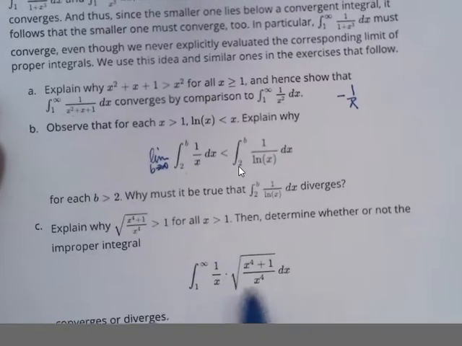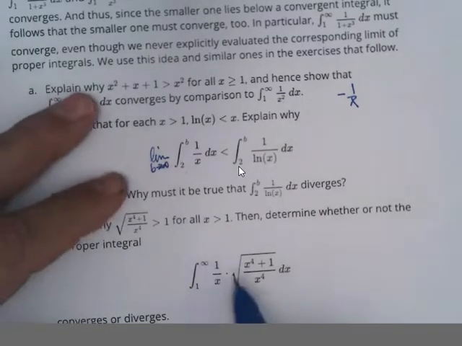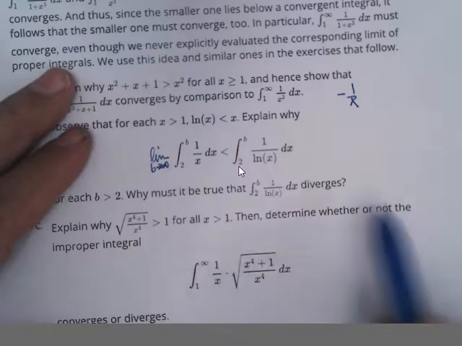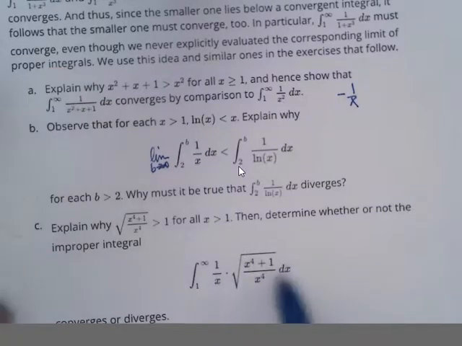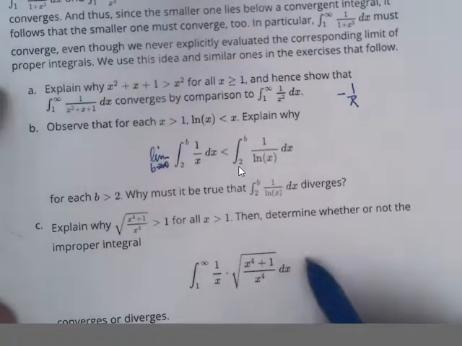So we're supposed to check whether this converges or diverges. And so we're letting x go to infinity. We're not going to change this denominator, but we're going to look at this. So this is always going to be bigger than this.